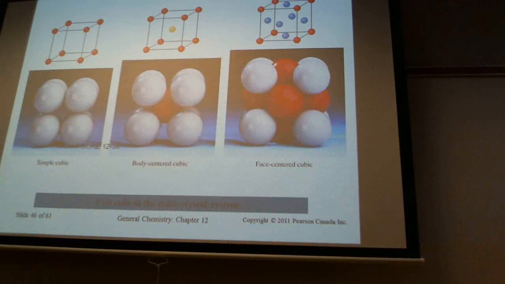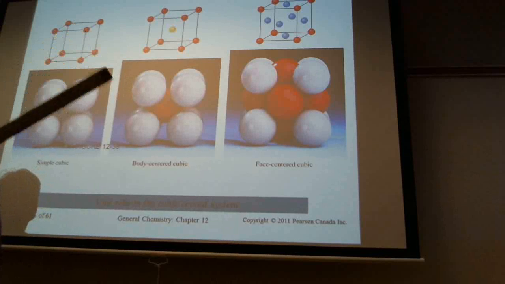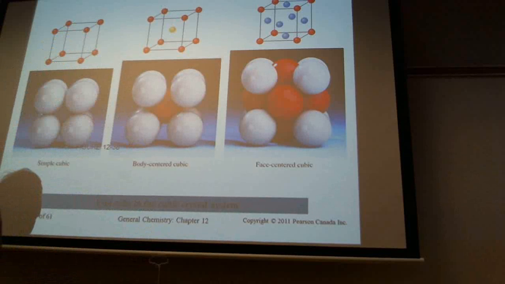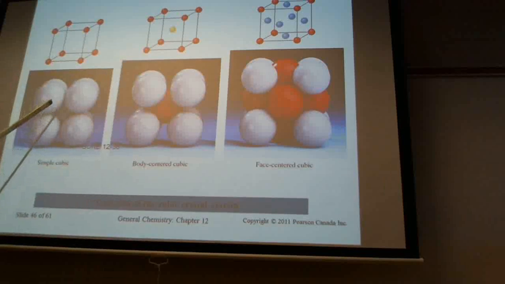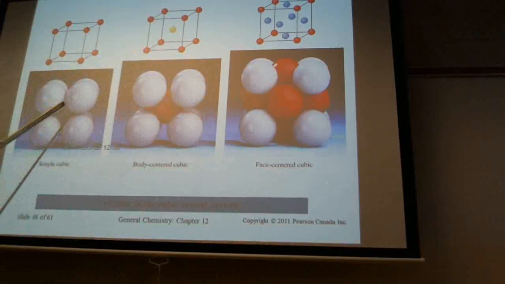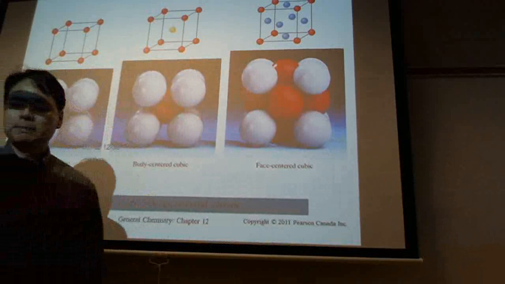For example, if the unit cell is a cube, that's cubic. If the shape is rhombohedral, it's rhombohedral. And so it goes through different levels. There are only 2 shapes that we're going to be interested in: the cubic unit cell and the hexagonal unit cell. Hexagonal has a different angle in the unit cell.